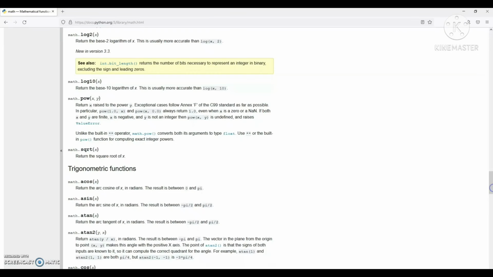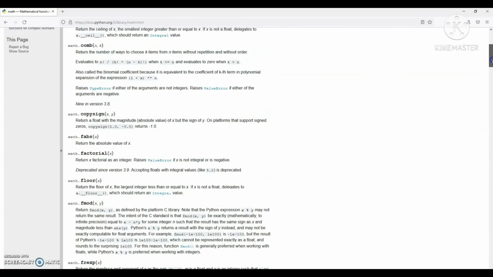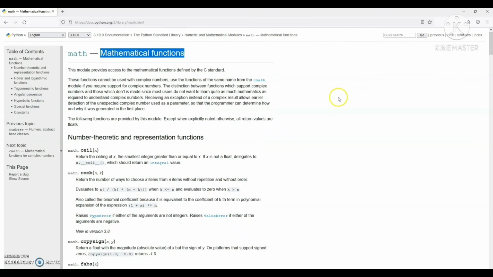Throughout this course, I will show you the important ones that you are going to see over and over again. But as a way for you to develop as a programmer, you need to know how you can look for answers and find out that, hey, there is a different math function that we can use with numbers.